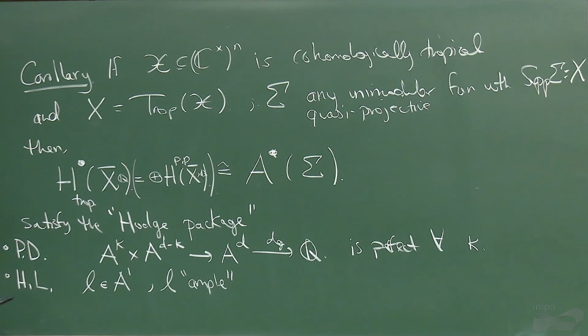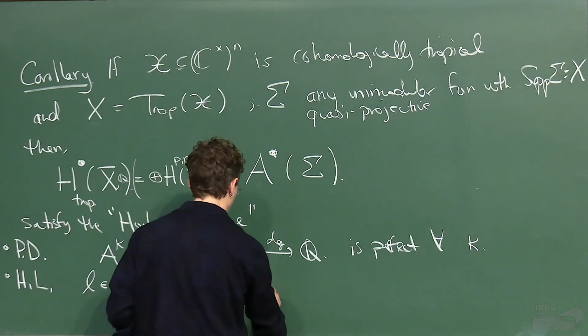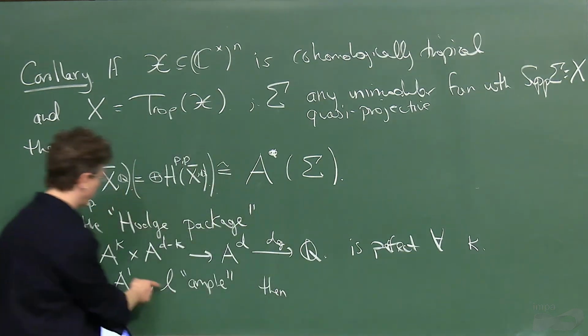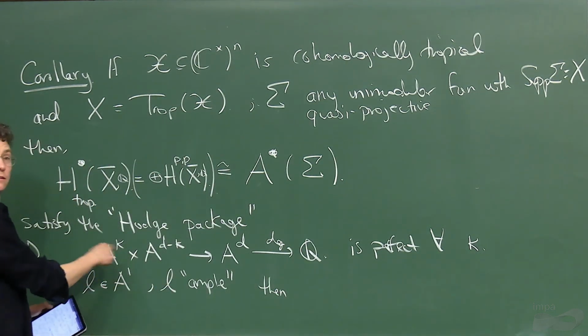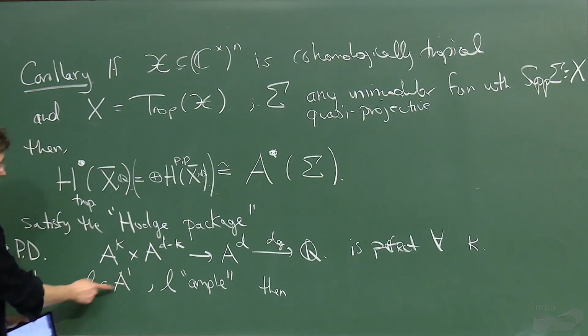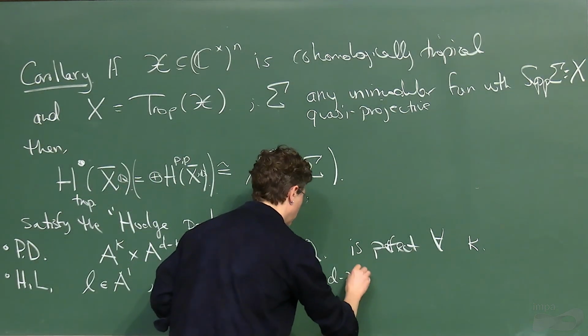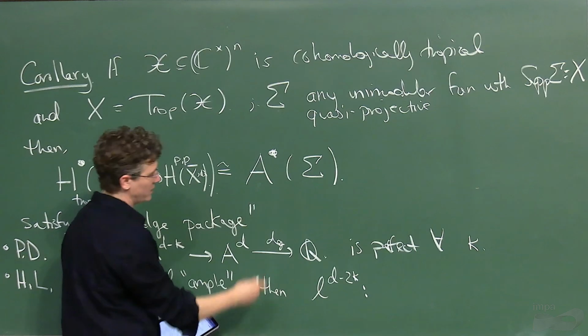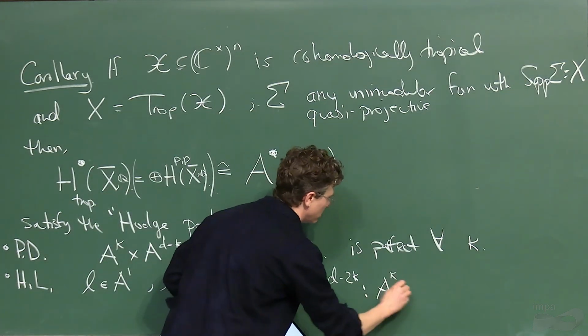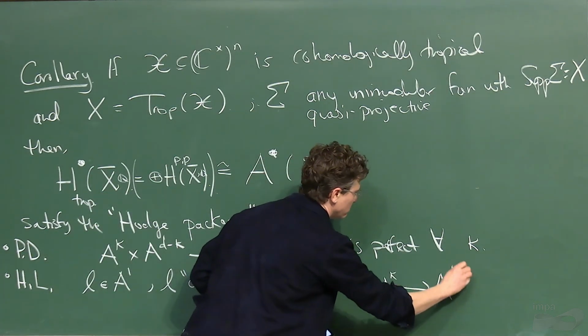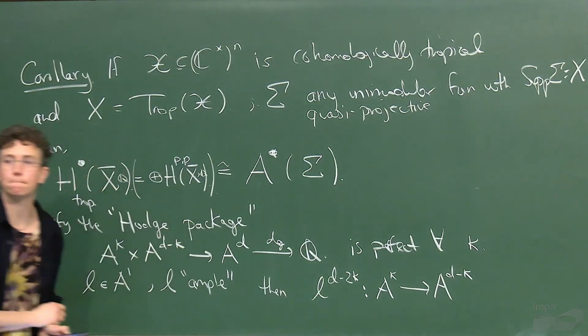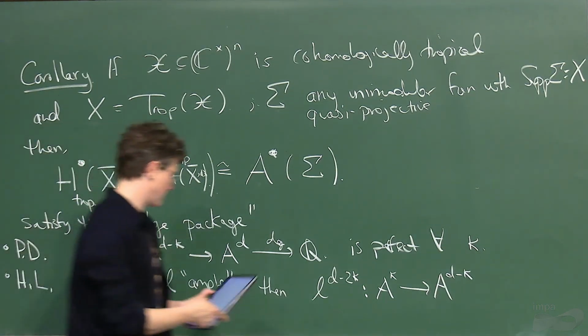It has to do with some sort of convexity of a function on the fan defined by L. Then, of course, we can multiply by this class L in A^1 as many times to bump up the degree. If we multiply this many times, then we go from A^k to A^{d-k}. And this is an isomorphism.